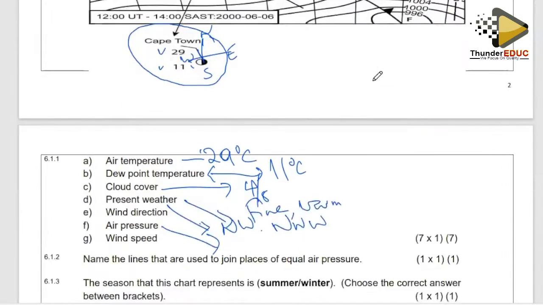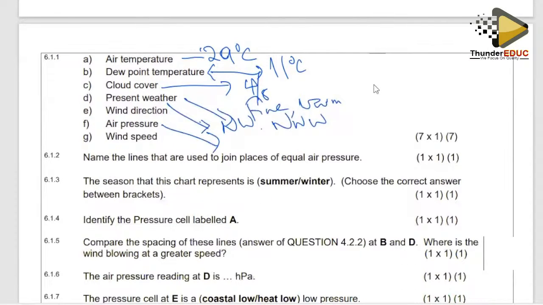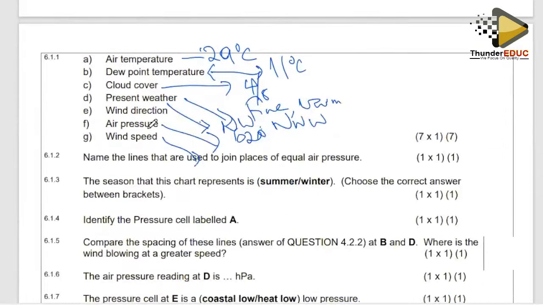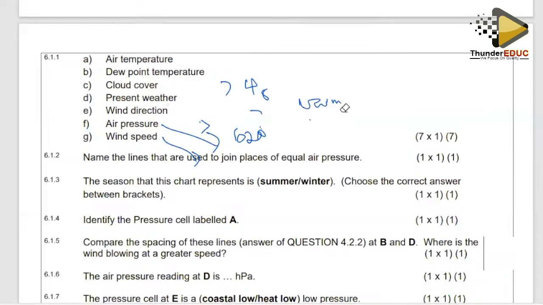That is the justification of our pressure there, around 1024. Then we go on to wind speed. Our wind speed is indicated at the end of the feathers of our bar here. Our bar is ending there, and we have this one feather here, which is full, which means one full feather is 10 knots. That is basically how we can answer those questions based on the given synoptic map.